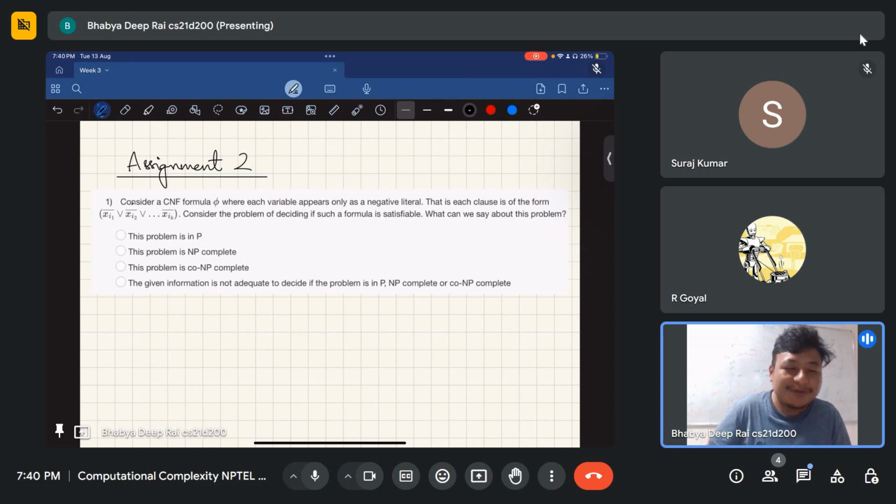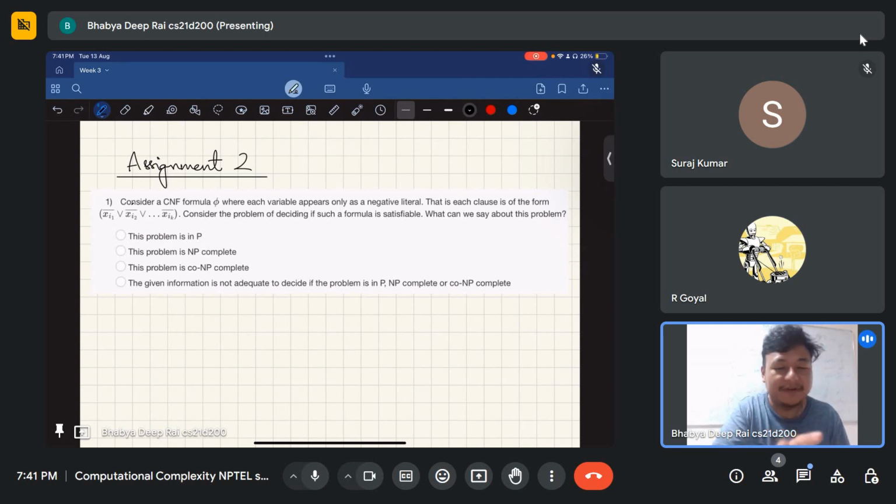But the problem is not with the Boolean function. The problem is with the representation. When the representation is given as a DNF, it becomes easy to check satisfiability. If the representation of the function is a CNF, then it is incredibly difficult, if it's a 3 CNF or higher.